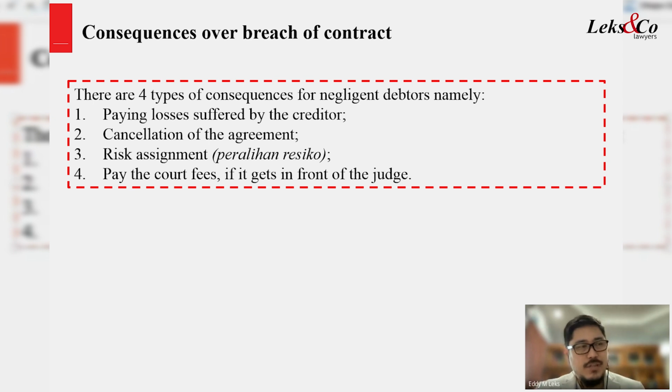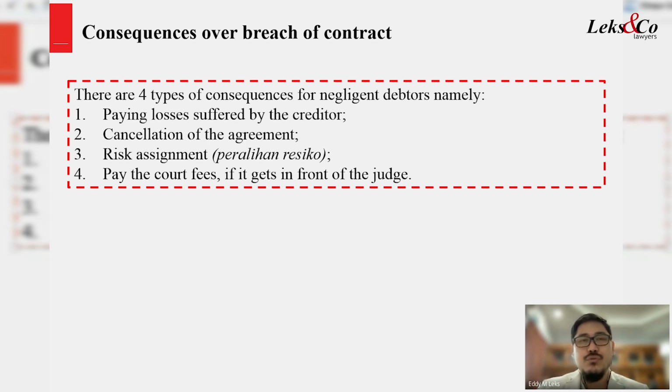Well, this is a justice and fairness principle, because a contract is binding, right? When it is binding, you know from the beginning, when you enter a contract, that you will have to do what is agreed in the contract. The agreement will cover the rights and obligations, right?